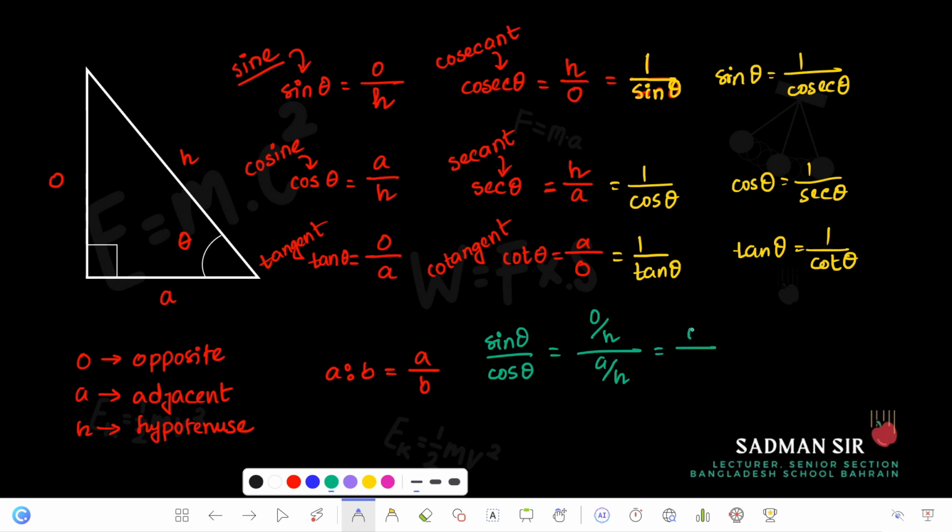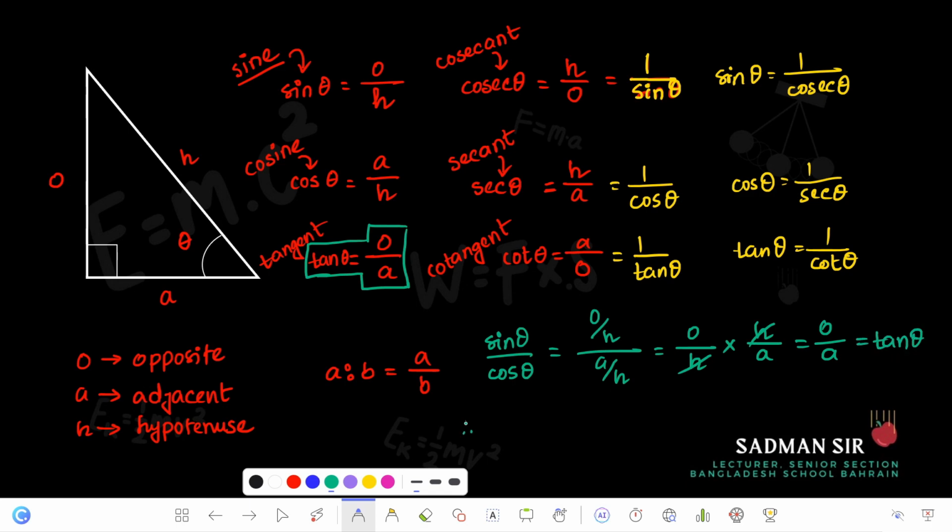So here you can see opposite by hypo, then this division, if I write it as into, the fraction in the denominator will become reciprocal. That means a by h will be turned into h by a. So h and h will be cancelled, and o by a, that means oppo by adjacent will be there. Now you can see that we already have a ratio for opposite by adjacent, correct or not? So opposite by adjacent, we can write tan theta instead of it. So we can write it is equal to tan theta.